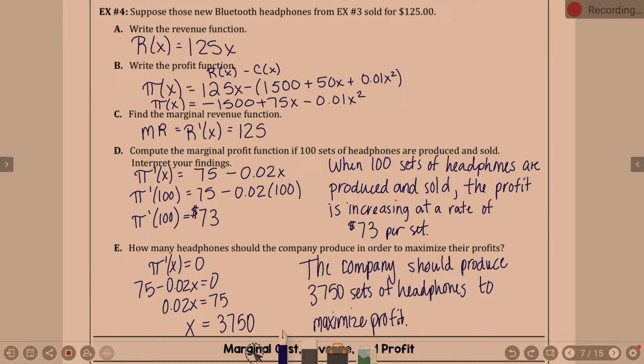Okay. We have a graph to look at the bottom of this page. So we have all the information we need here. Okay, in that graph down there, notice the break-even points.